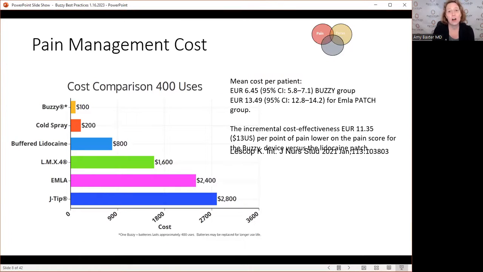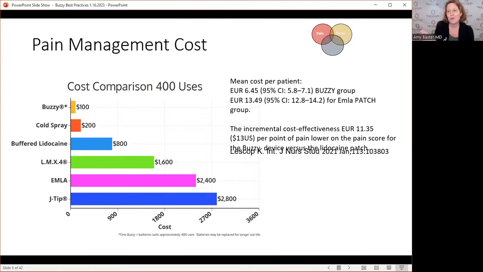So talking about the cost of Buzzy, speaking of reusable, because all of the components are able to be cleaned, the Buzzy comes with 2 AAA batteries that will last for approximately 20 hours. Those 20 hours, if you take a 3-minute IV access as the longest possible time, will give you about 400 uses on one set of batteries.